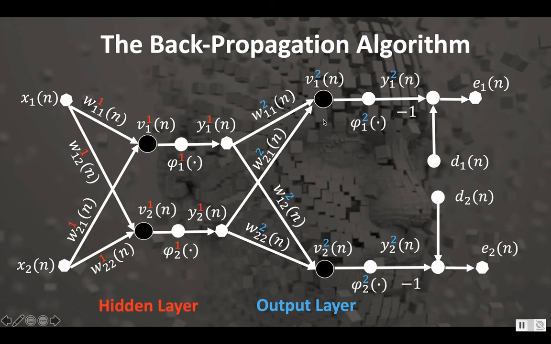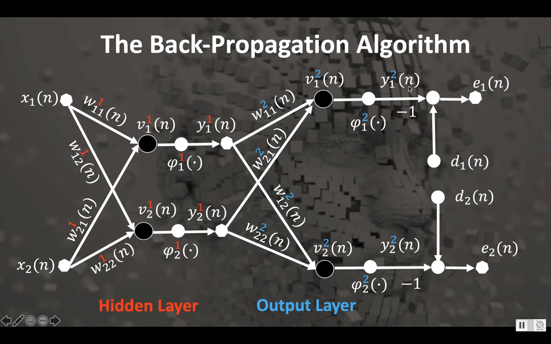The first subscript 1 means from the first input, and this one means it goes to the first neuron in the output layer. Similarly for the other weight. And then V21 is the input to the activation function phi21. We get the output, y21.